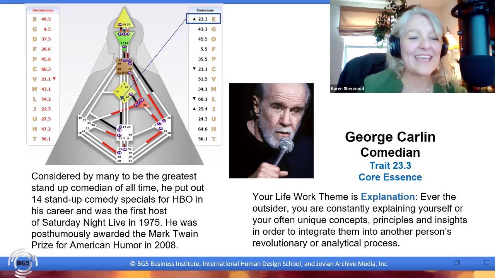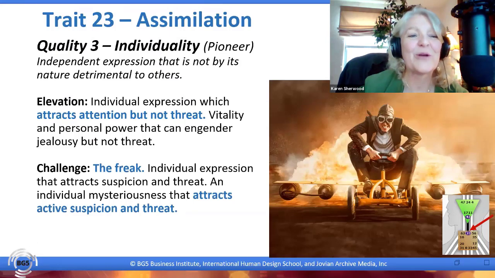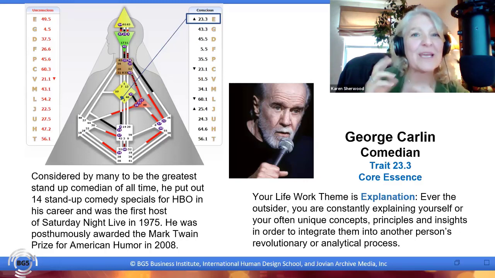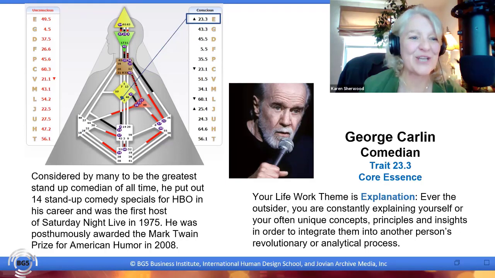And I think he really fits into what we just talked about here too, attracting attention, but not threat. Because some of the things that he notices are really spot on, but he does it in a joking manner that people take it in versus reject it.